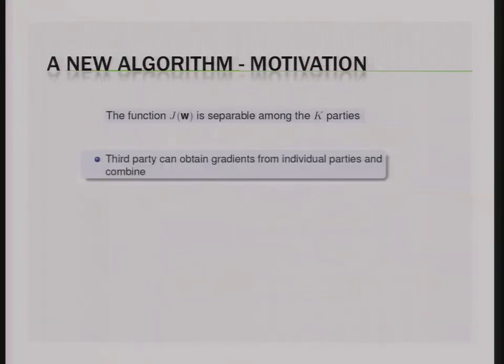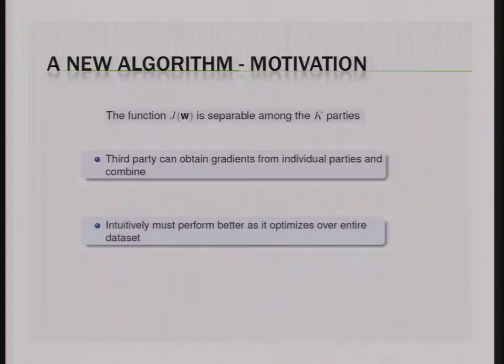What this means is that the third party can obtain gradients from individual parties, combine them, and run a gradient descent algorithm on the objective. What we expect is that because you are optimizing the entire objective, this should intuitively perform better than the previous algorithm. But the big question is, how do you achieve privacy in this case?